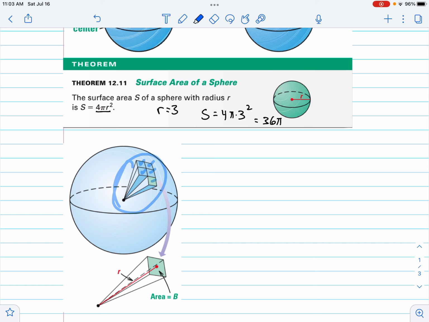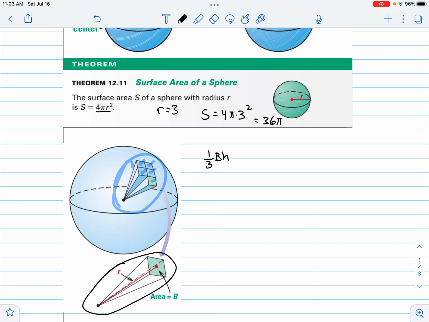So we can talk about the volume of these pyramids, and that's kind of an approximation for the volume of the sphere, if we just add up all those. Now remember, here's one of those pyramids. Remember how it goes. For a pyramid, we say it's 1/3 base times the height.